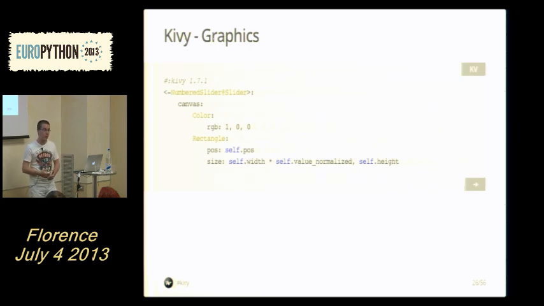Here I will focus on the Kivy language and show you that it's really easy to add graphics in it. This is my numbered slider that I wrote before. But there is one thing I didn't show you, and that is the minus sign in the rule. What is the minus on the rule?